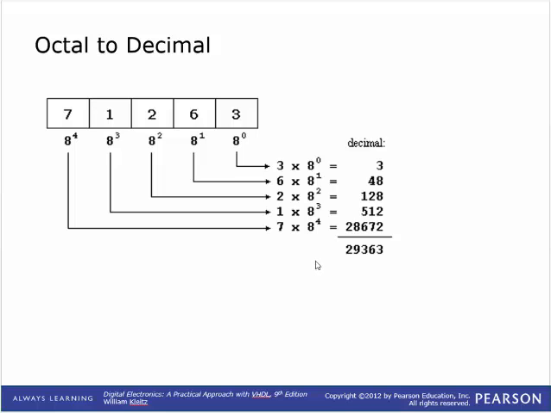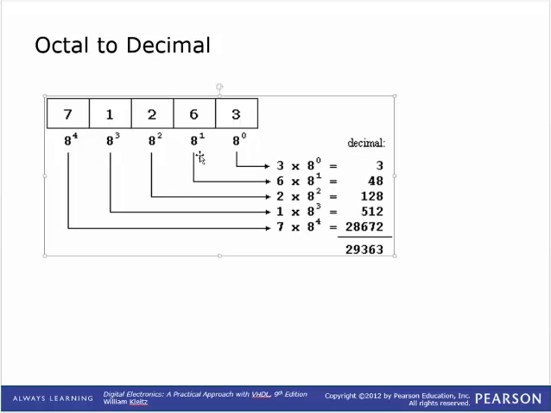So here's an example of converting between octal to decimal using weighting factors. My weighting factors are now powers of 8: 8 to the 0, 8 to the 1, 8 to the 2 power, 8 to the 3 power, 8 to the 4 power. And so I have 3 times 8 to the 0, which is 3 times 1, which is a 3.